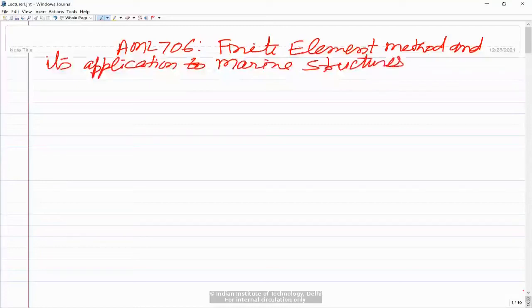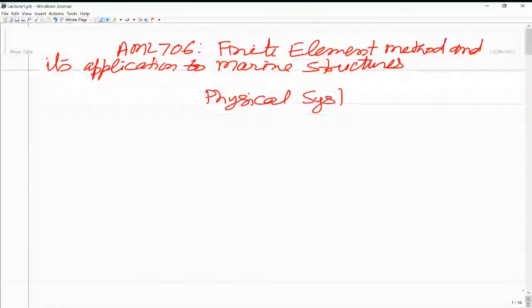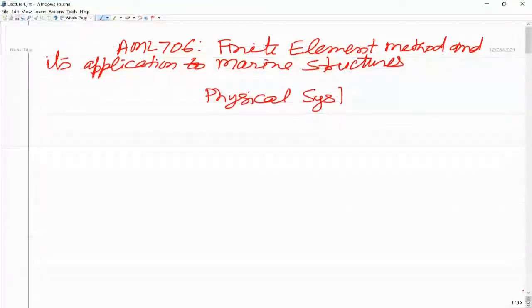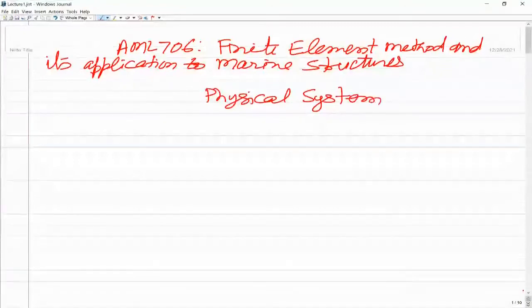Now if you look at the general approach to any engineering problem solving, what we do is, let's say, you have a physical system, and that physical system we want to study.